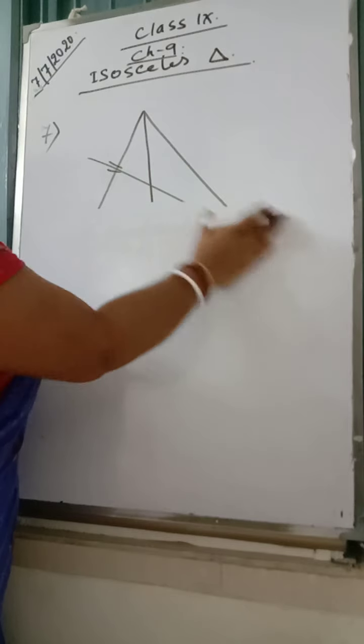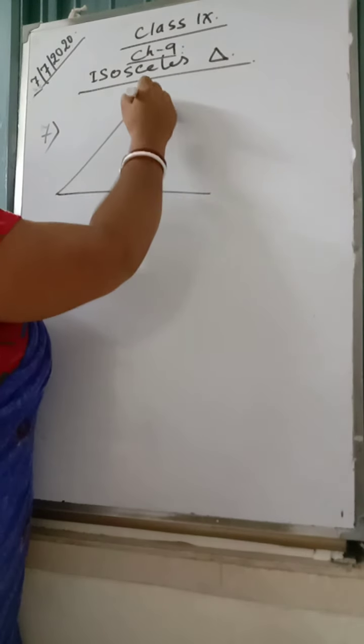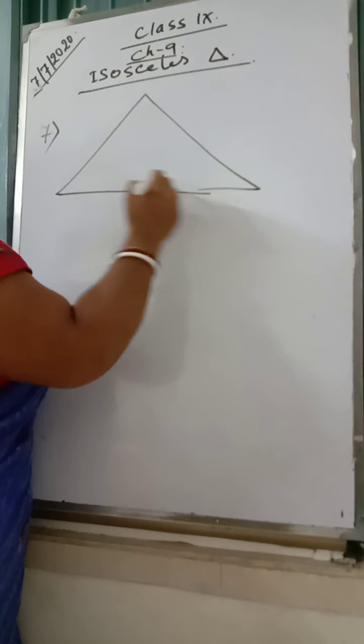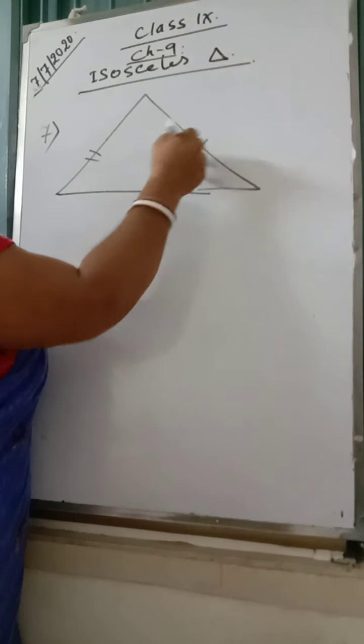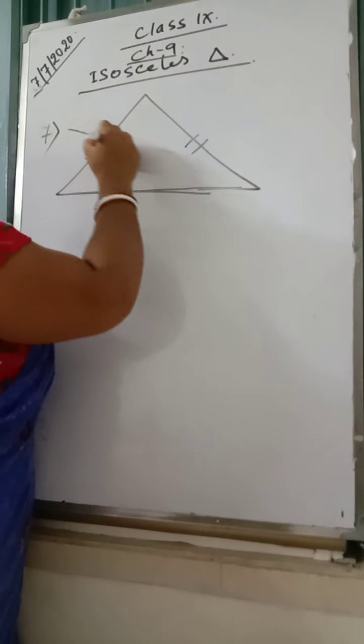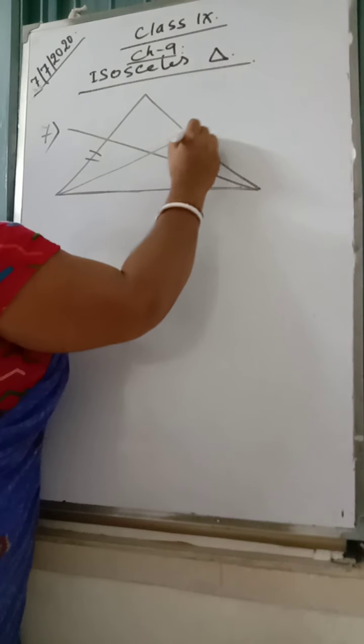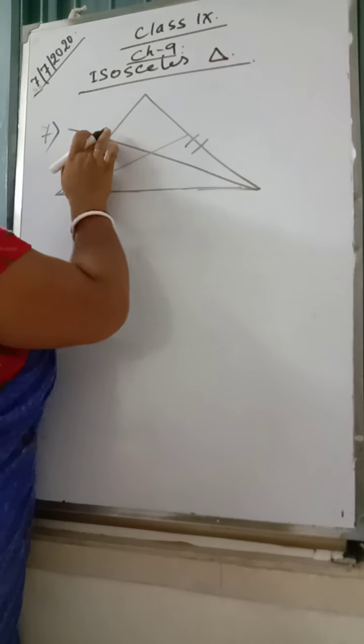Or I am just rubbing the front side only. Now these are the equal sides. Now what will be the median? You just tell me. A line which is constructed from this vertex, and this is different, is it?